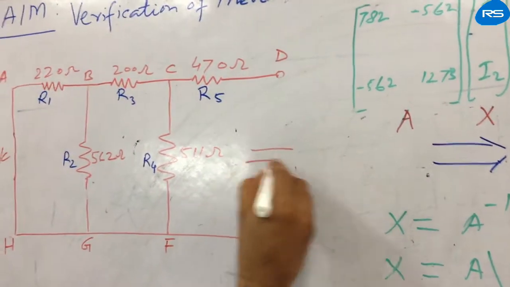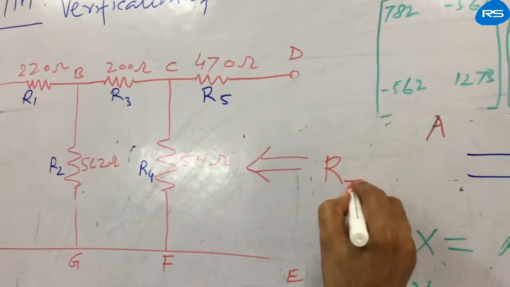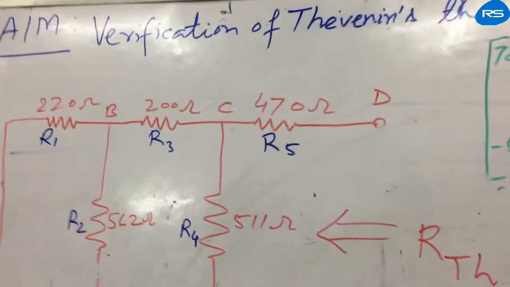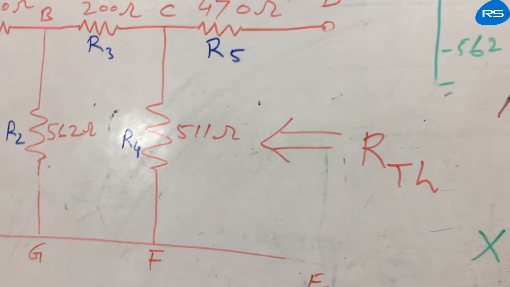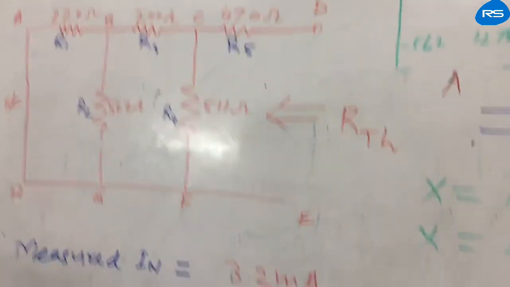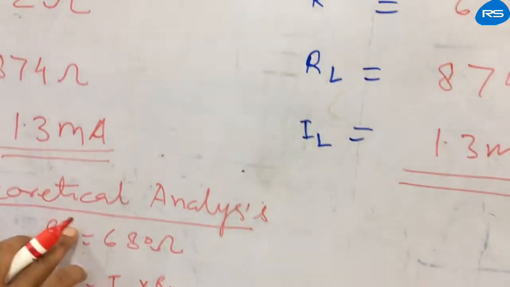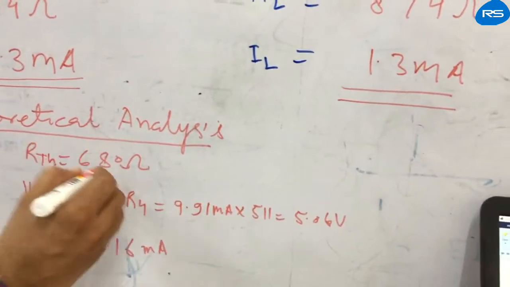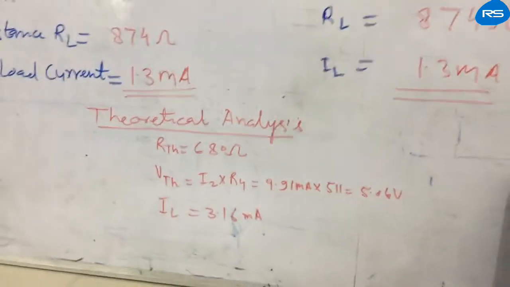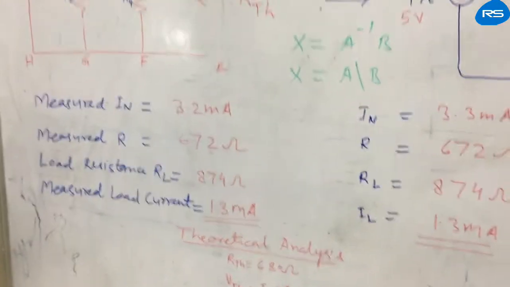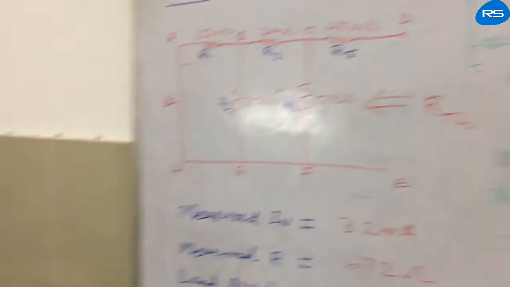So looking into the circuit like this, you can find out RThevenin. So by doing some mathematical expression, we have RThevenin equal to 680 ohms, theoretical value. Now we will perform the same thing over the kit.